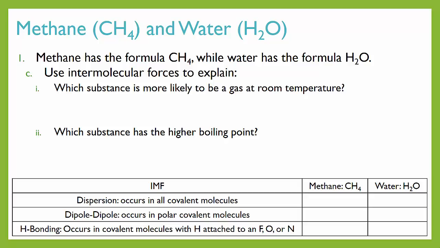So in dipole-dipole, we have the polar part of one molecule attracting to another molecule. And in hydrogen bonding, that's a lot like dipole-dipole, but the dipole is so strong that we give it a special name and we call it hydrogen bonding.